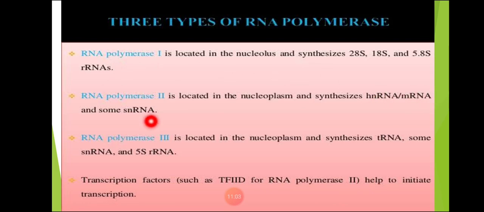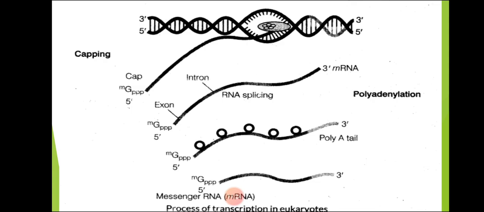This RNA polymerase 2 is used in the process of transcription that we are studying right now. And RNA polymerase 3 is located in the nucleoplasm and synthesizes tRNA as well as small nuclear RNA.